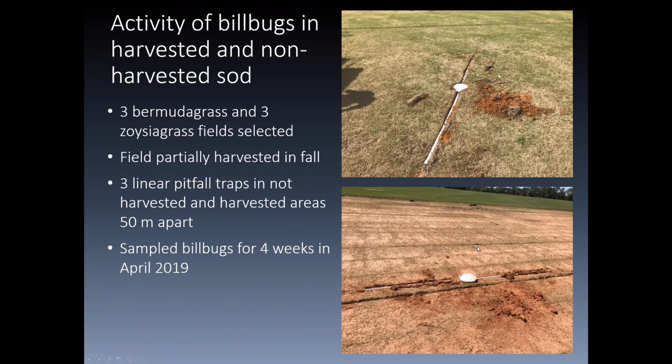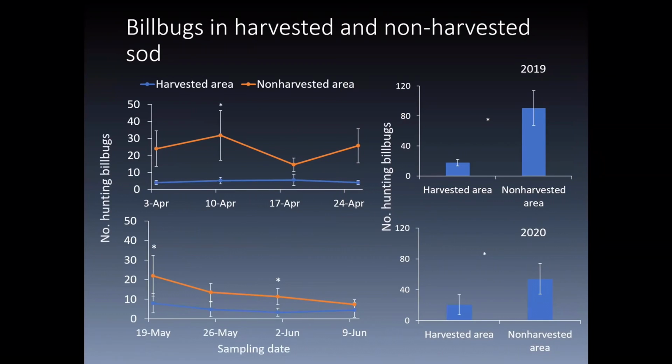We did all these experiments during the late winter or early springtime. So what we see here is obviously more activity in the non-harvested, fully grown grass. We are seeing more numbers. At the same time, we are seeing some numbers on the harvested grass. This is very interesting, because that basically says that the billbugs are still walking, they're moving in there, they're still emerging out as a possibility.